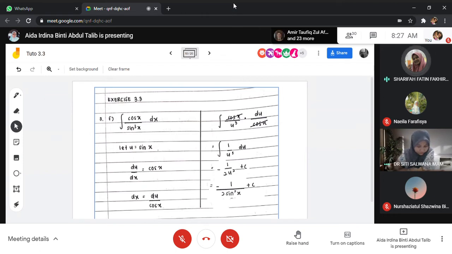We substitute the dx, so we get the integral of cos x over u to the power of 3 times du over cos x. We cancel cos x, and we get the integral of 1 over u cubed du. So we get negative 1 over 2u squared plus c. Then we substitute the value of u, which is sin 2x.